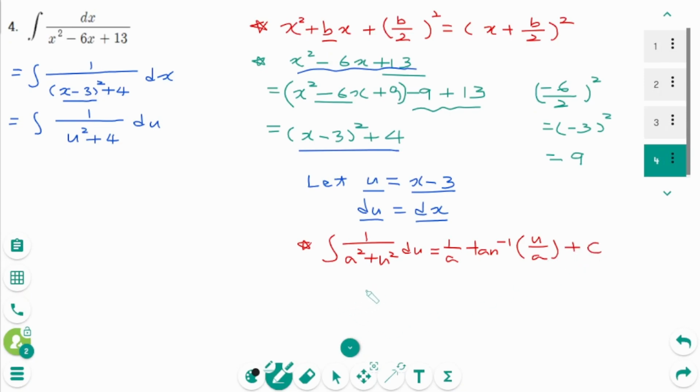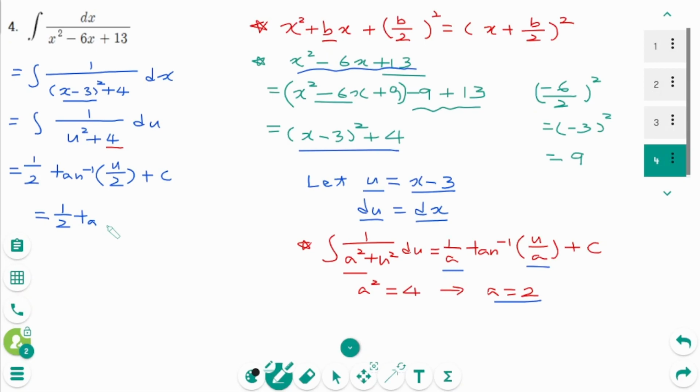In here, a squared equals 4, that means a equals 2. Then 1 over a is 1 over 2, arctangent u over a, u over 2, plus c. Then the final answer is 1 over 2 arctangent of u, which was x minus 3, over 2 plus c.